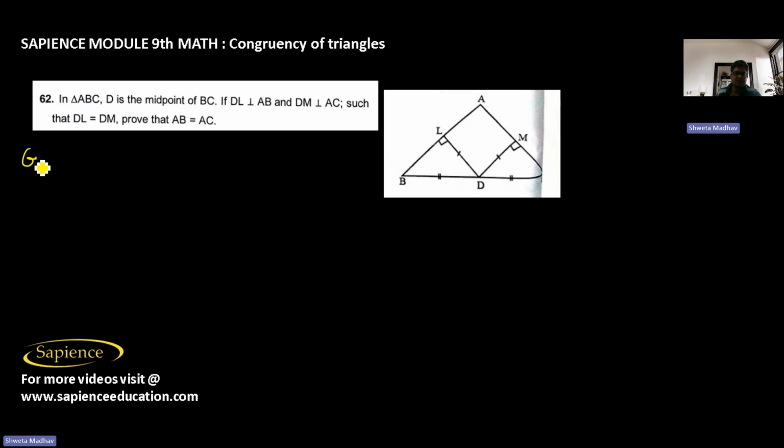So now it is given that in triangle ABC, D is the midpoint of BC.